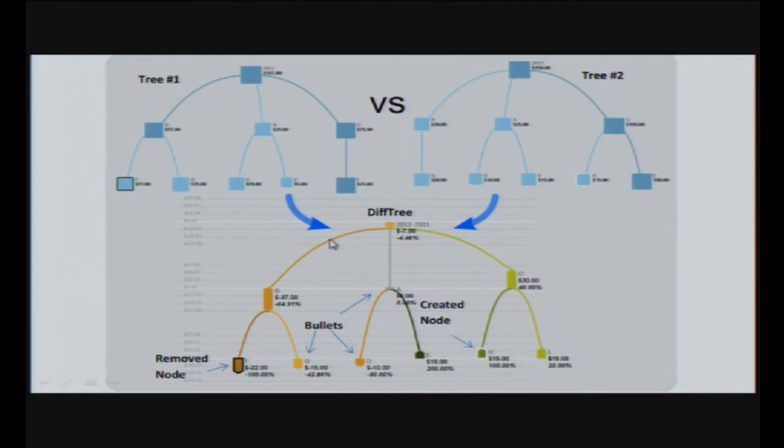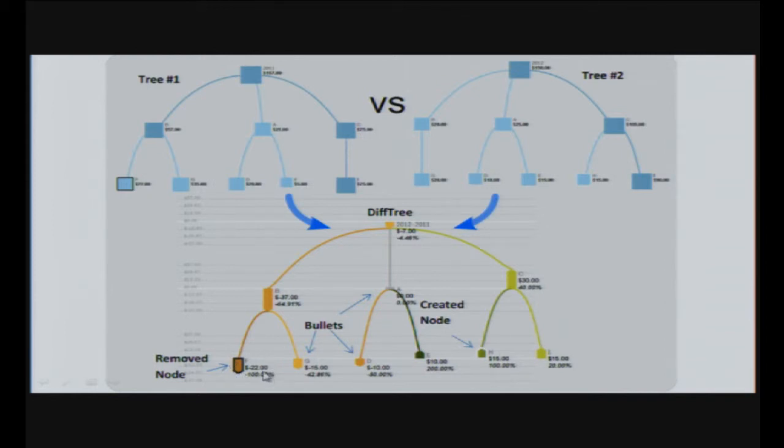The diff tree, using this bullet visualization, uses all these bullets to show that there's a definite decrease in value over here. There's an increase in value over here. Over on this side, this particular node was removed because it has a black line around it.